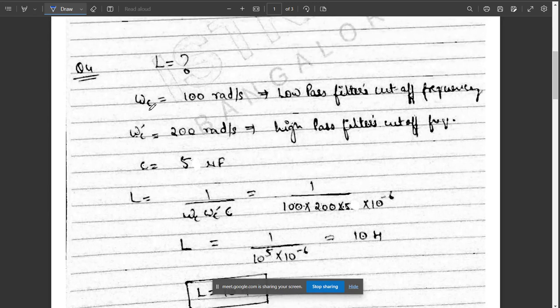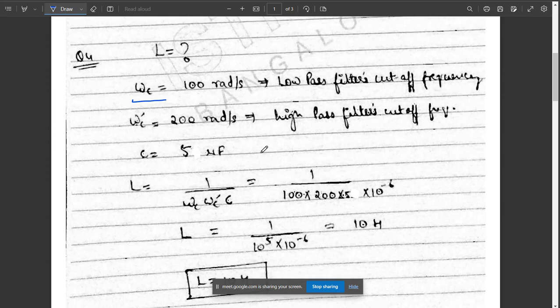So we know that omega C is the low pass filter cutoff frequency and omega C dash is for the high pass filter cutoff. If you have gone through Jayanta sir's lectures, he has given this exact formula there, right?